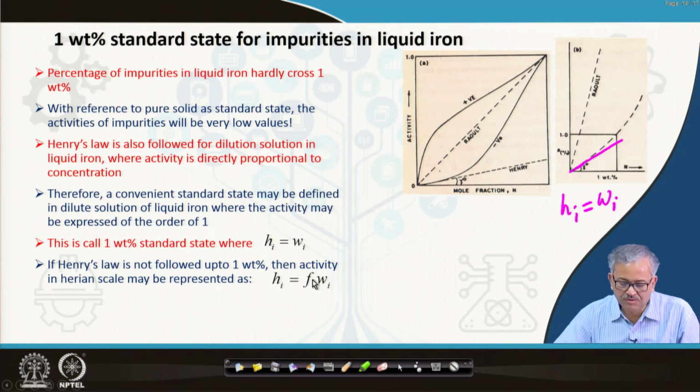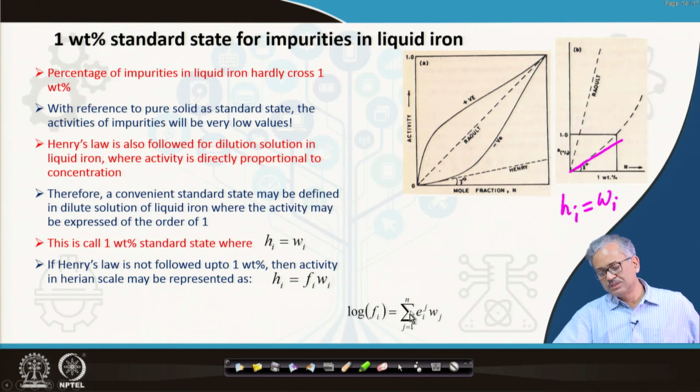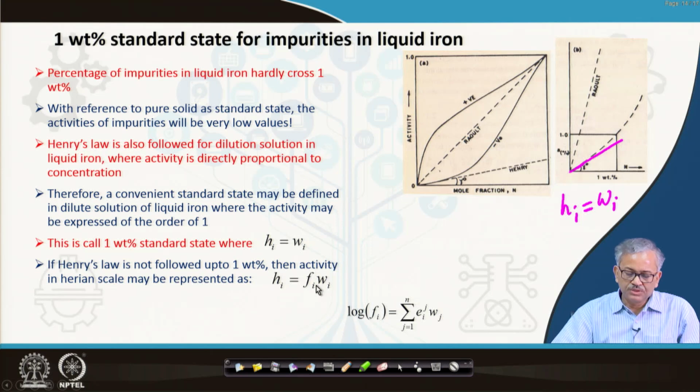Then there is the log of fi, with these thermodynamic correlations, where e represents the interaction coefficient of j on i, and Wj is the weight percent of j. For a multi-component system, you can calculate the interaction coefficient, okay. So, the activity coefficient on the Henryan scale you can define like this.